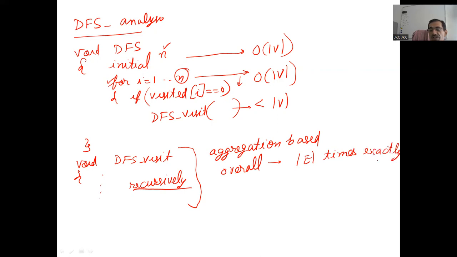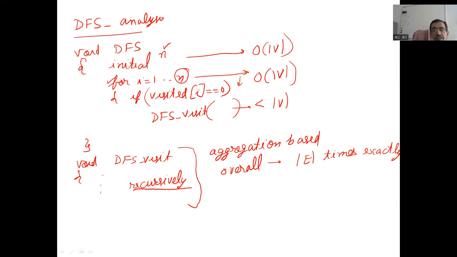Because all edges will be guaranteedly covered. And once any edge is addressed or covered, that vertex will be treated as already visited and will never be visited again. So for each vertex, its adjacency list will be covered once and exactly once.